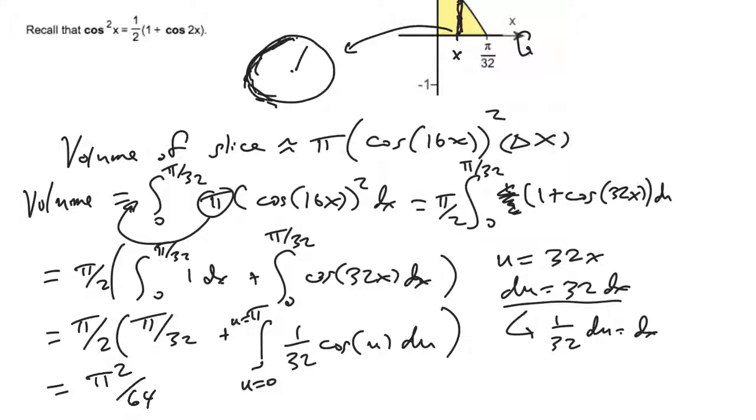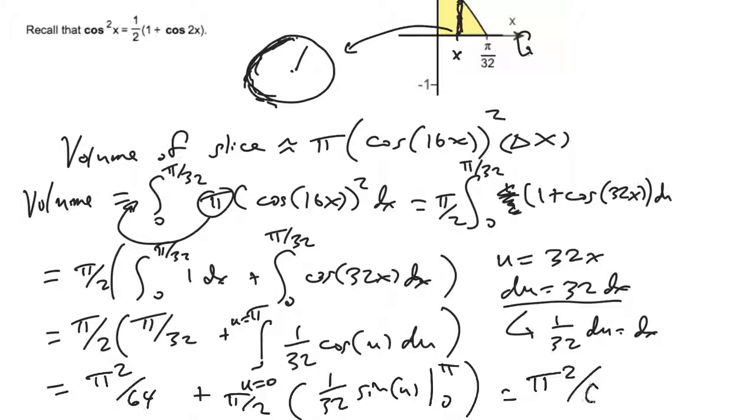And then I'm going to have the pi over 2 times this guy, which is 1/32 sine of u evaluated from 0 to pi. And I could keep saying that is going to be 0. Sine of pi is 0, sine of 0 is 0. So the final answer here is just pi squared over 64.